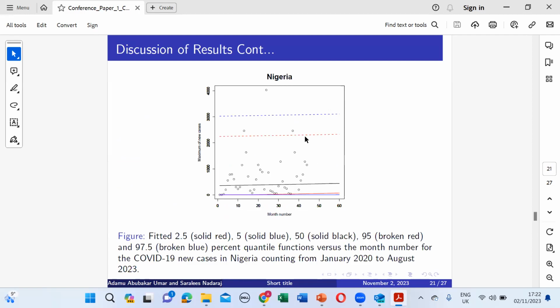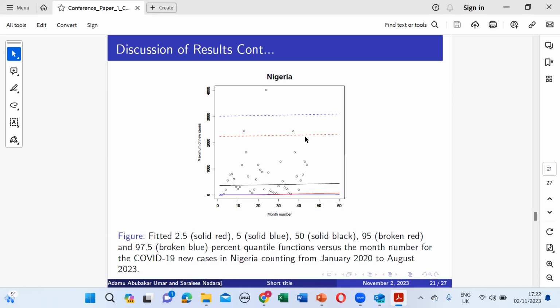Yes. From this figure, you can see that they are all estimates. With the quantile functions, the idea is also to assess the goodness of fit, because the interest is to fit.